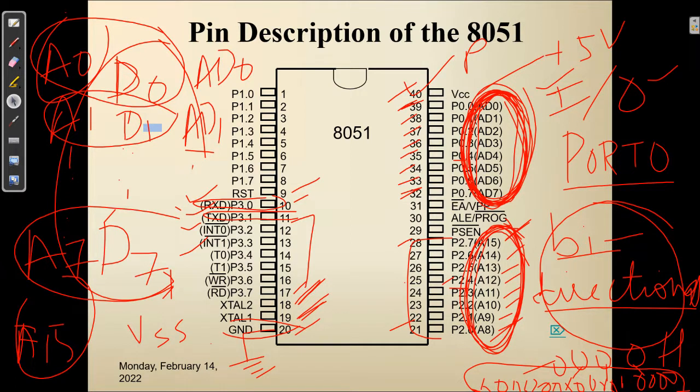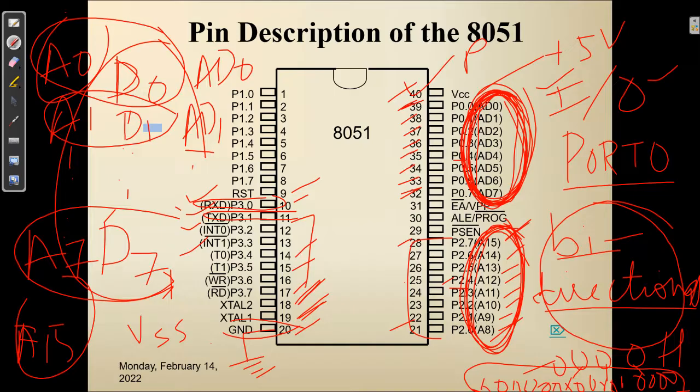Say timer or say counter? Two, it is two. So one timer will be at pin number 14, that is called T0, and the other timer, that is timer 1, is at pin number 15.